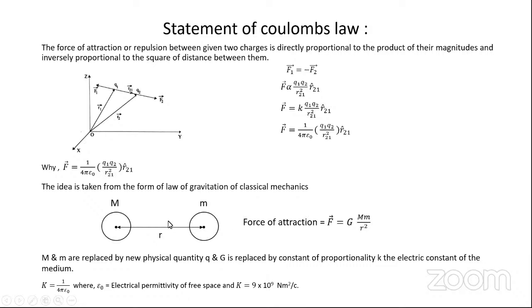The force of attraction between two bodies, made in the Newtonian physics, that is classical physics, and two masses exert a force of attraction on each other by F is equal to G m1 m2 divided by r square.